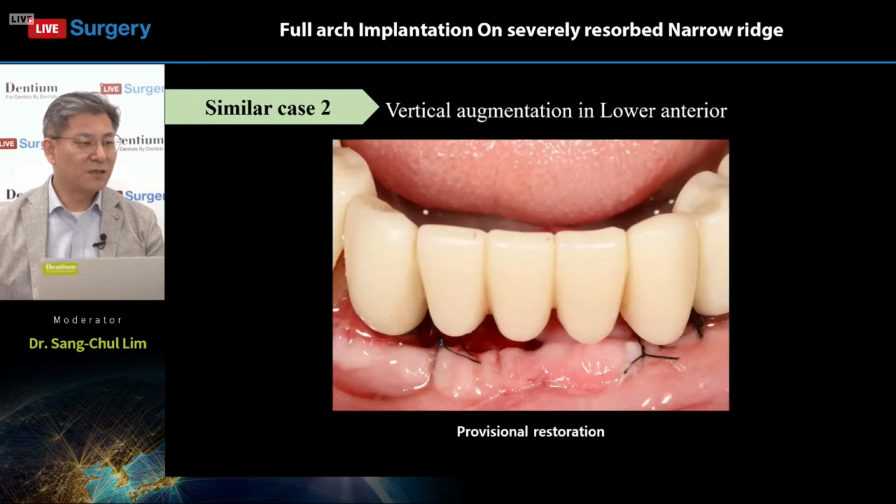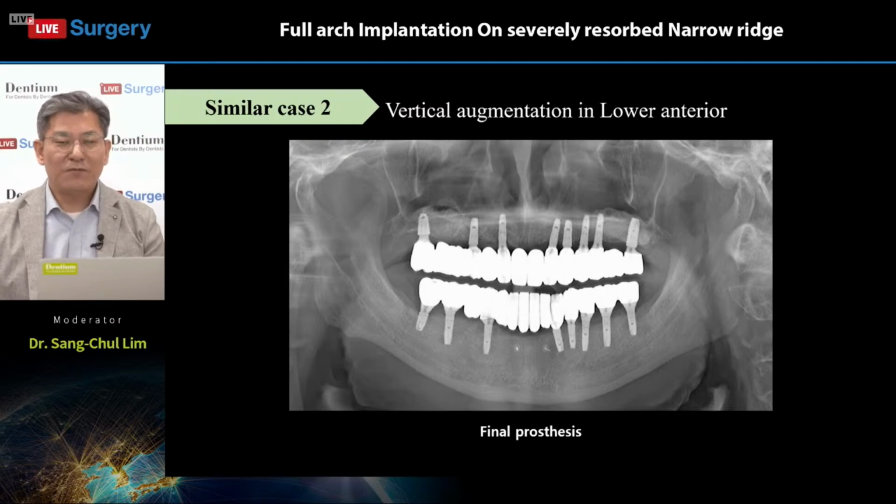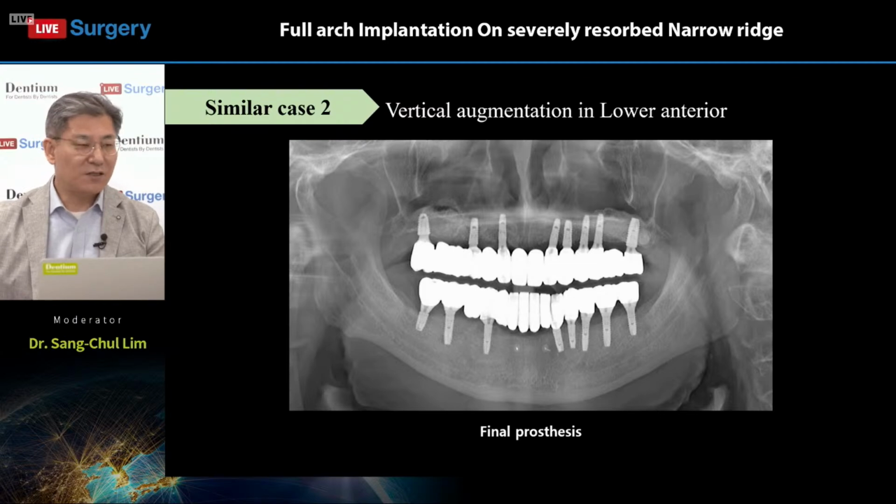After the healing stage, a provisional restoration here, and the final restoration. As you can see, the lower anterior area is getting some new bone formation, looks like here. So this situation is getting better for long-term follow-up, long-term stability, as you know. And the vertical augmentation was successful.